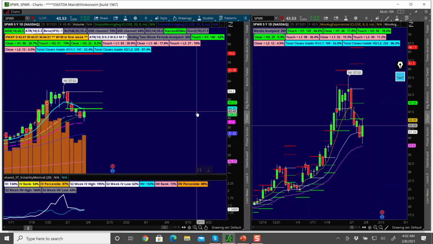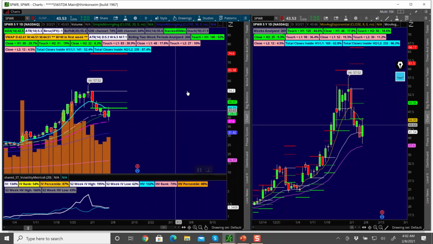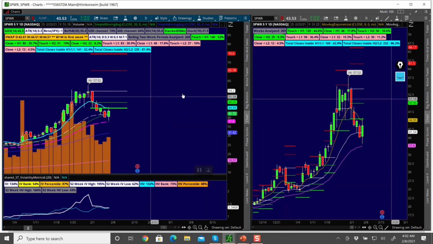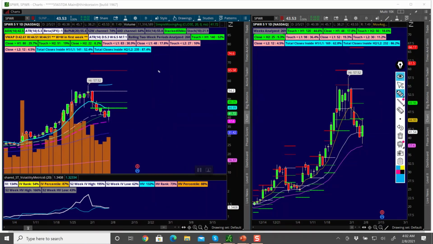Since I'm talking about that real quick, I'll just go over it. Basically, since I mentioned weekly wires, this is what this is. Up here, it says H1, which is what I'm looking for, is touching. So this tells me that there is a 52% chance of it touching H1, which is right there, in a 2-week time frame.